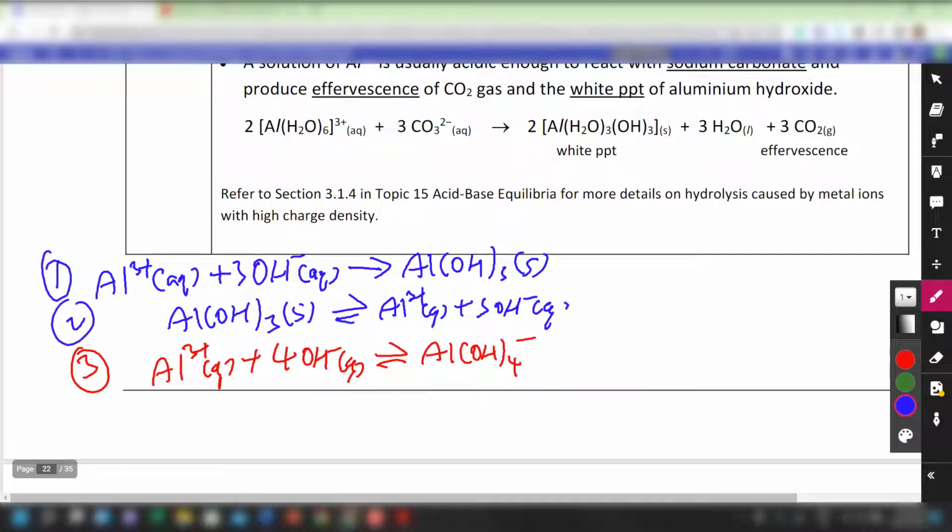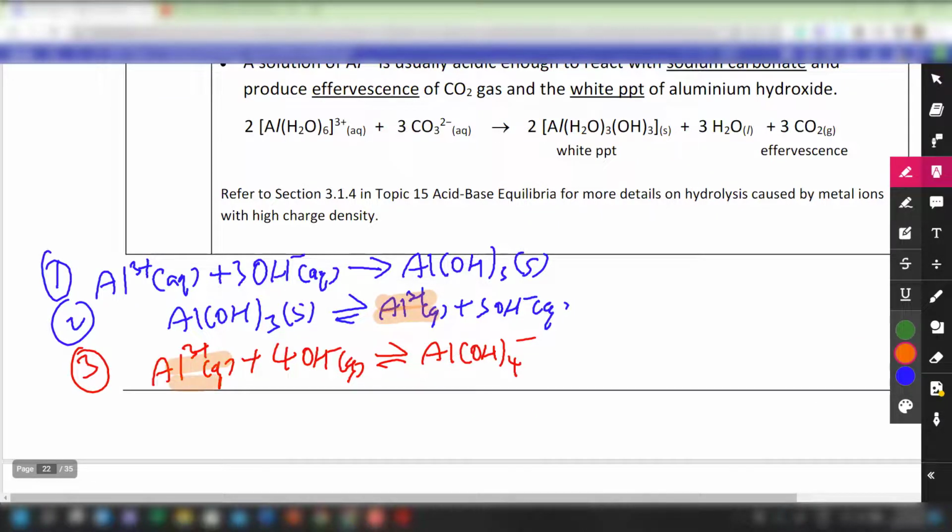So under normal circumstances with a limited amount of OH-, this will lead to the production of aluminum hydroxide. And then the aluminum hydroxide being formed will maintain a small amount of Al3+ and OH- by virtue of its Ksp. With large amounts of OH- being added, equilibrium 3 will operate, and because equilibrium 3 operates, it disturbs the equilibrium of 2.